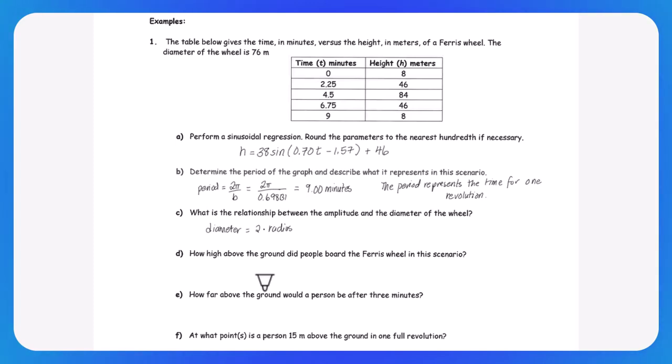But because we've done a lot of these already, we know that the radius of the Ferris wheel, when we're looking at a sinusoidal equation, can be the same as the amplitude, which is the absolute value of the A. So in this case, we notice that the diameter was 76 meters, and sure enough, 2 times the absolute value of the A, which is 38, also equals 76 meters.